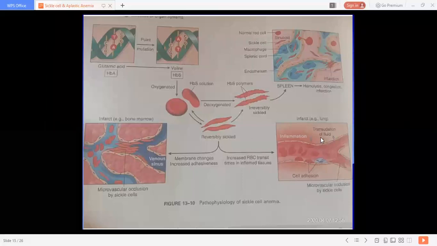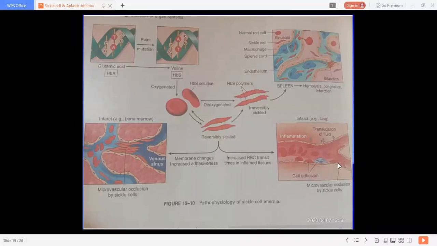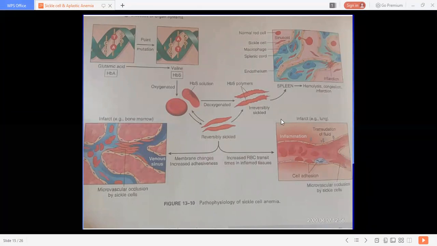So, inflammation. Transudation of the fluid due to occlusion. Occlusion of the blood vessel gives rise to transudation of the fluid out from the vessel. Macrovasculature occlusion by the sickle cell. So this is the pathophysiology of sickle cell anemia. You can see it here in one picture.